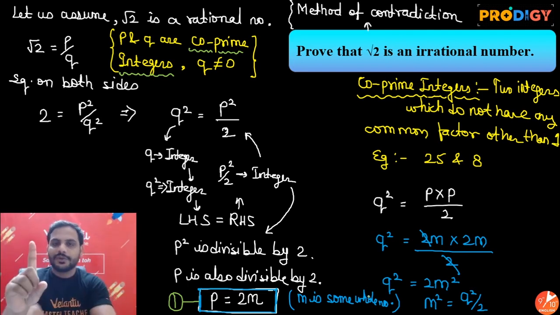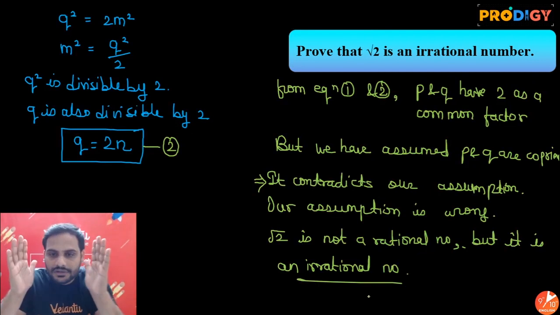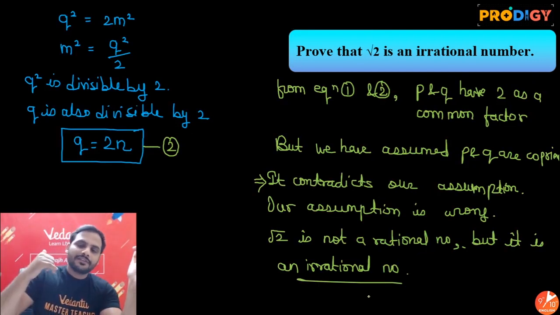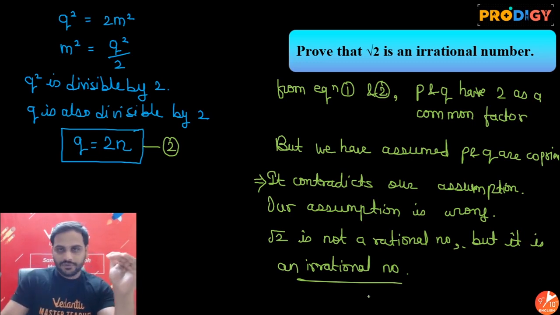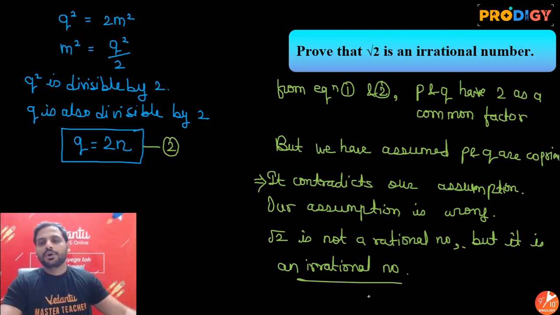I will solve those questions also, but this is your proof of root 2 as an irrational number. This is a bit lengthy problem, I know, and there is lots of theoretical portion. So please go back to the video whenever you want to revise it. Start the video again, see the whole process and try to understand this. So we got to know root 2 is an irrational number. Method of contradiction we have used here.